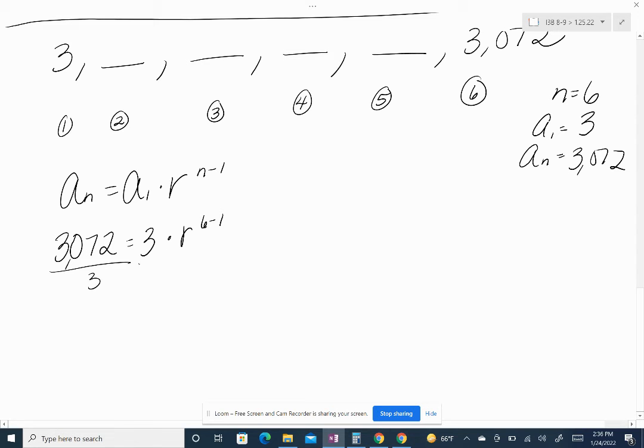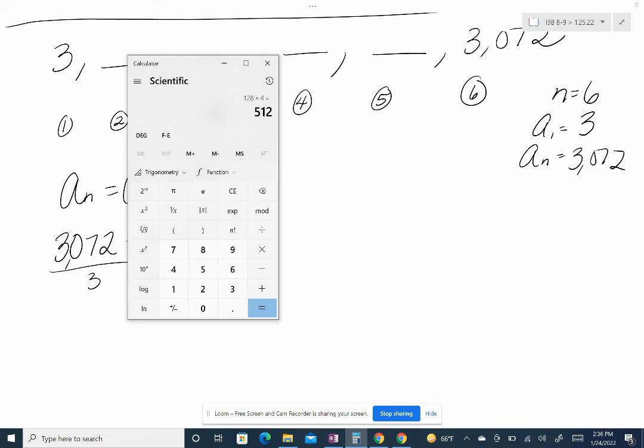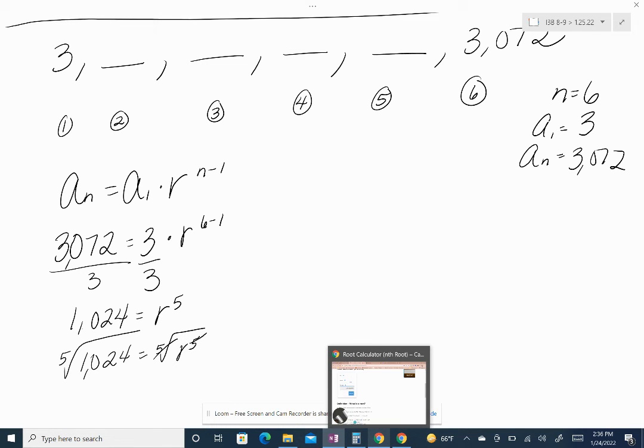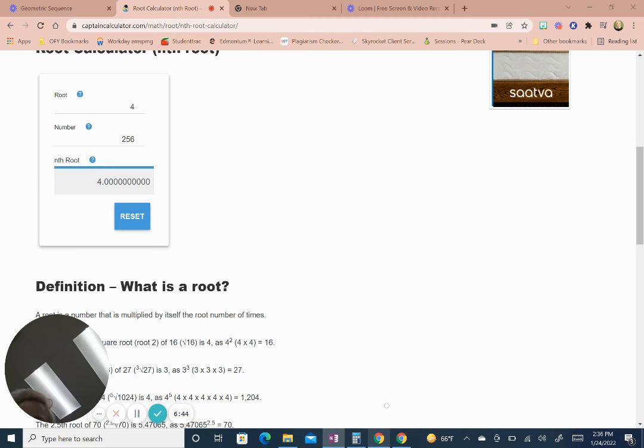So divide both sides by 3. 3072 divided by 3 is going to give us 1024. And then I can already calculate 6 minus 1 is going to be 5. So I'm going to go ahead and take the fifth root of both sides. Since this is an odd root, I don't need to do positive or negative.